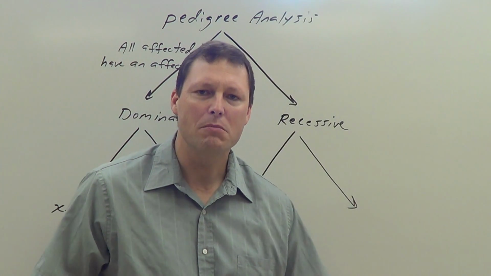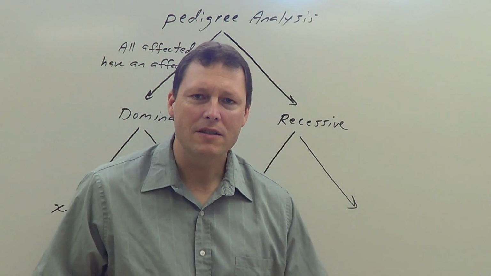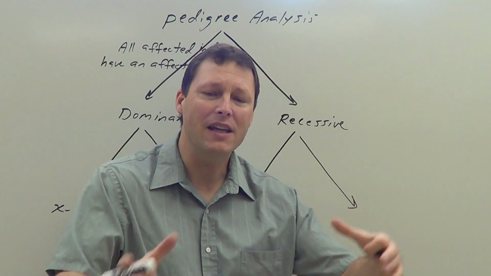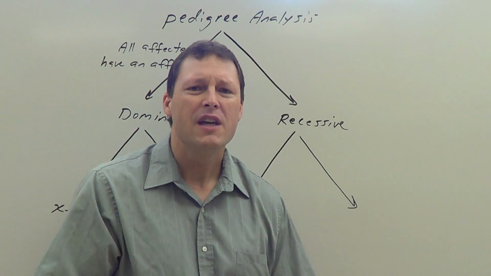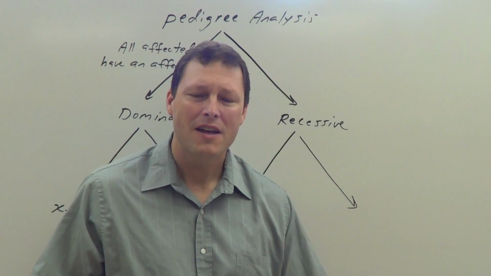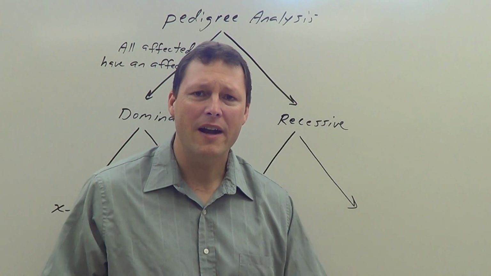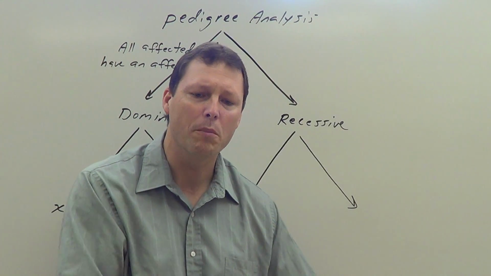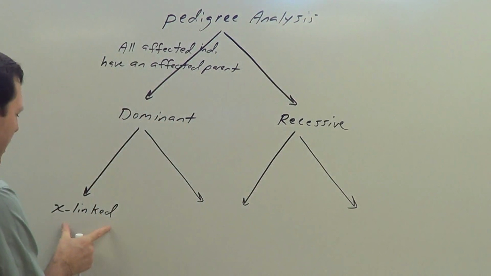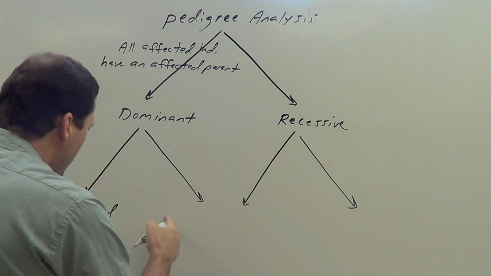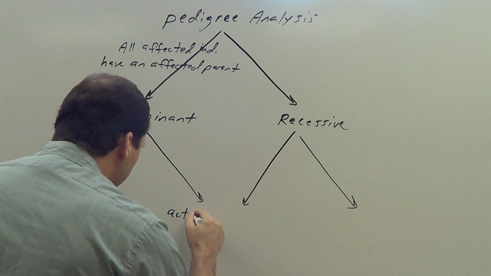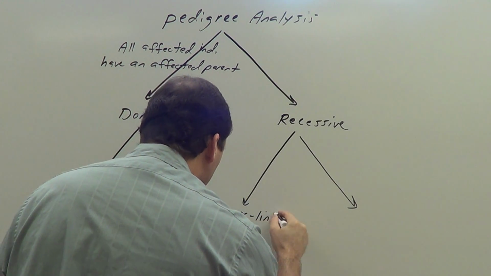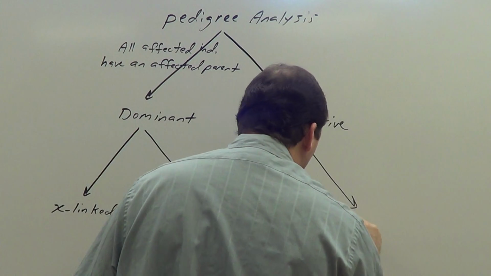If it was Y-linked, that would mean that the gene for that trait is located on the Y chromosome. If something is sex-linked, that simply means that it's located on the sex chromosomes, either the X chromosome or the Y chromosome. Today we're simply going to deal with X-linked traits. Now we've got X-linked and autosomal.